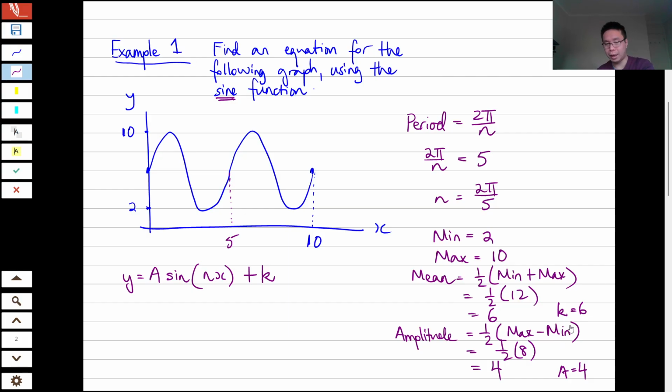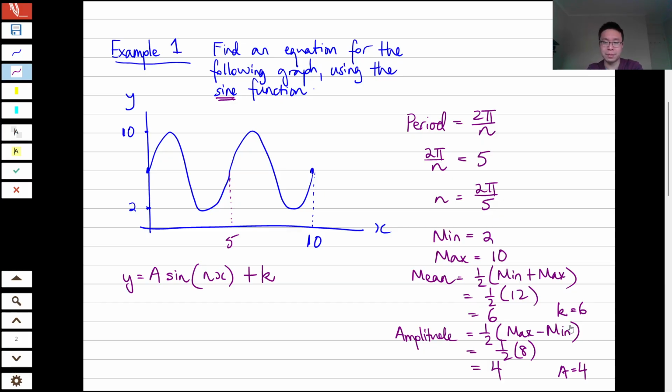And this raises immediately a choice. Do I choose a equals positive 4 or a equals negative 4? And the answer to this question is, it actually doesn't matter, as long as you take into account that if you swap the sign of a, you need to do a horizontal translation to compensate.